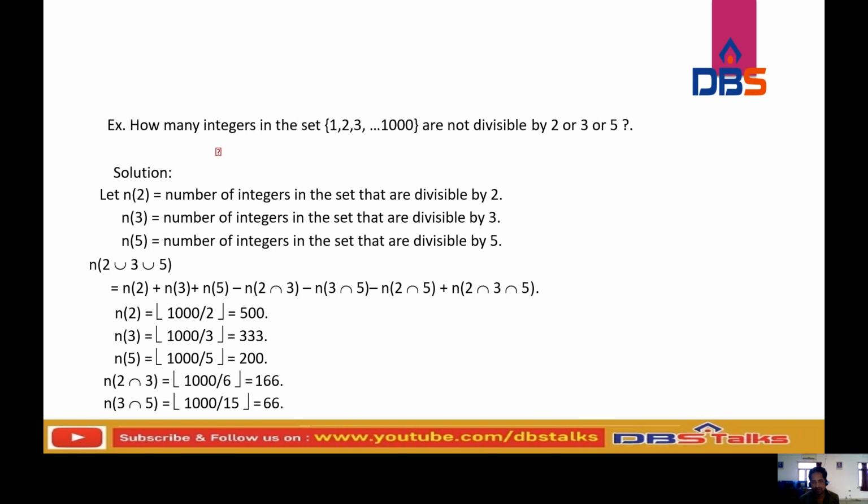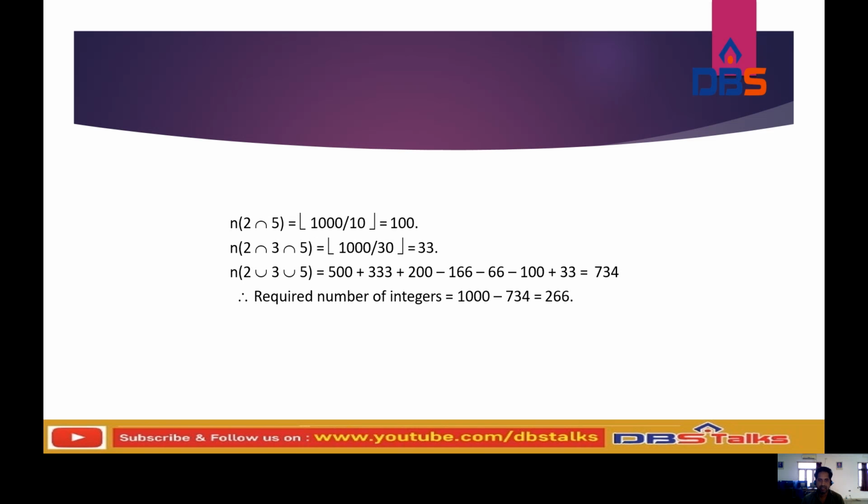That equals n of 2: 1000 by 2 is 500; n of 3: 1000 by 3 is 333; n of 5: 1000 by 5 is 200. n of 2 intersection 3 is 1000 by 6, that is 166; n of 3 intersection 5 is 1000 by 15, that is 66; n of 2 intersection 5 is 1000 by 10, that is 100; n of 2 intersection 3 intersection 5 is 1000 by 30, that is 33.